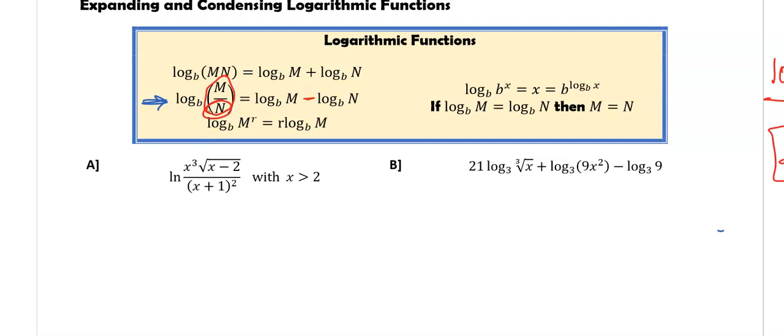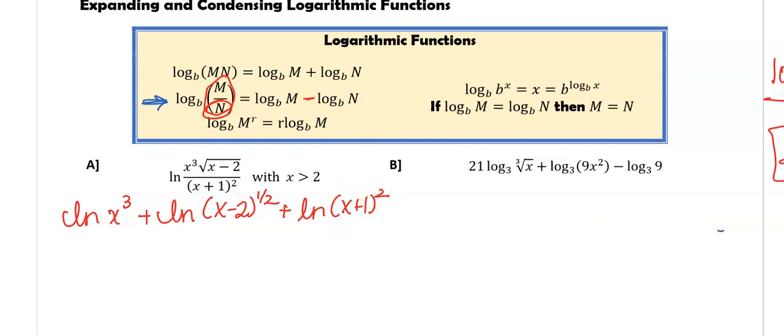All right, so for part A, we want to expand it. And I notice I have 3 factors, x cubed, square root of x minus 2, and in the denominator, x plus 1 quantity squared. So when we expand this, I'm going to have 3 expressions of natural log. Notice I changed the form from the radical to the rational exponent.